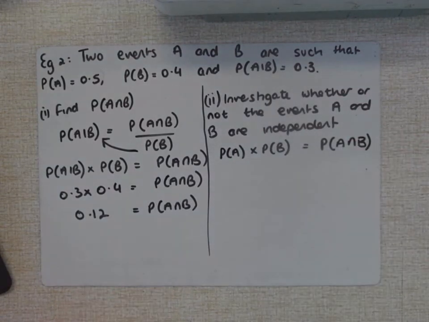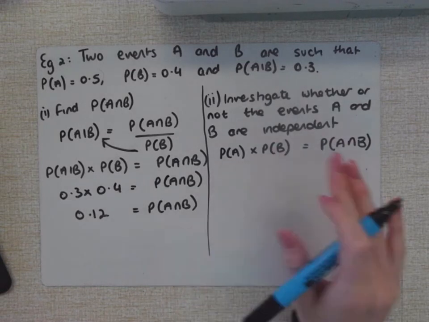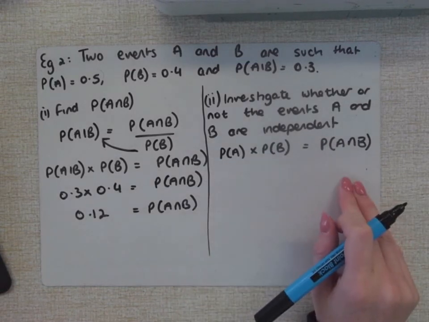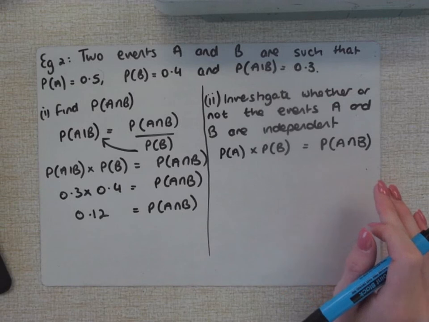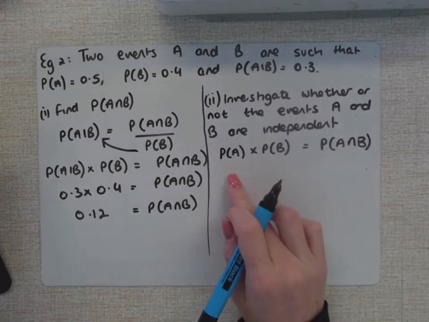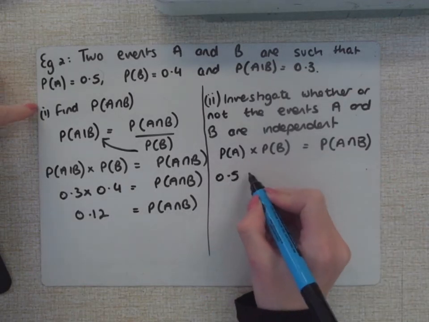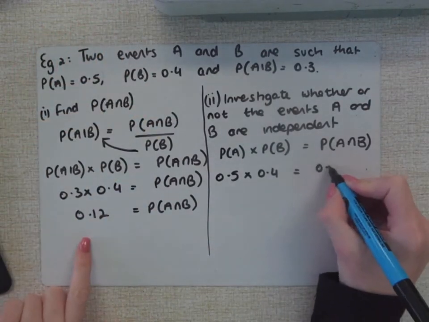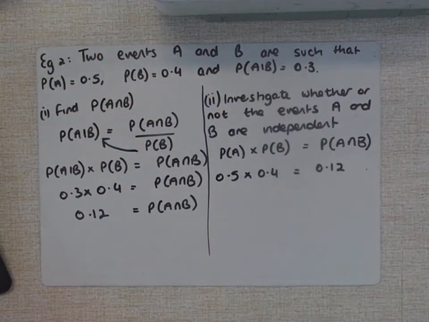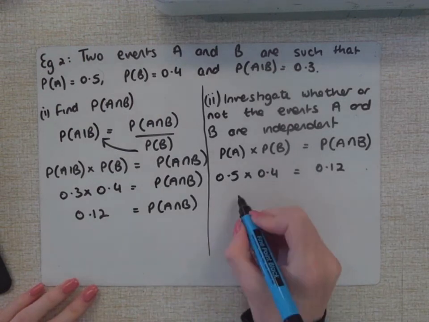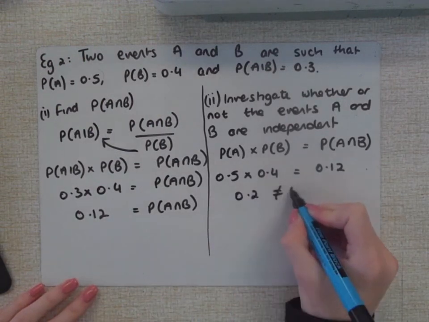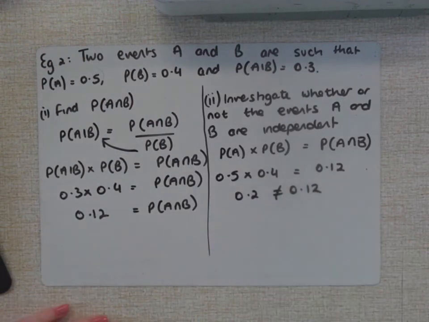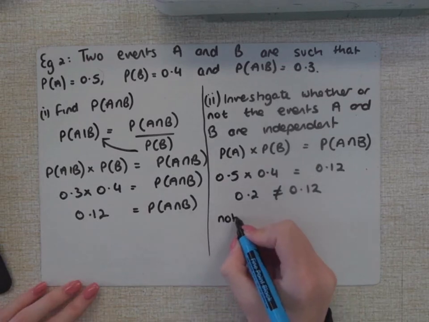So if they were independent, when I multiplied those two together, I get the same as the intersection, okay? So probability of A is 0.5, probability of B is 0.4, and A intersection B is 0.12. Okay? These two is 0.2, which is not equal to 0.12. So they're not independent.